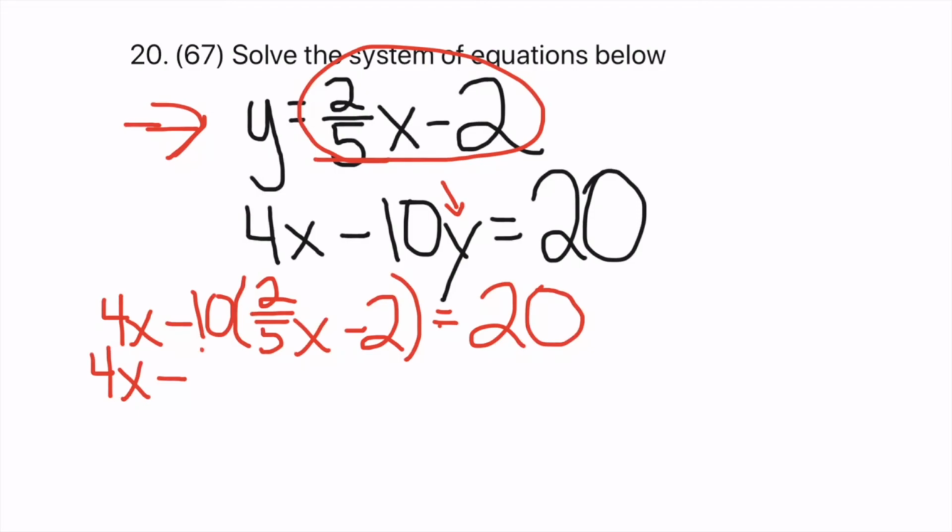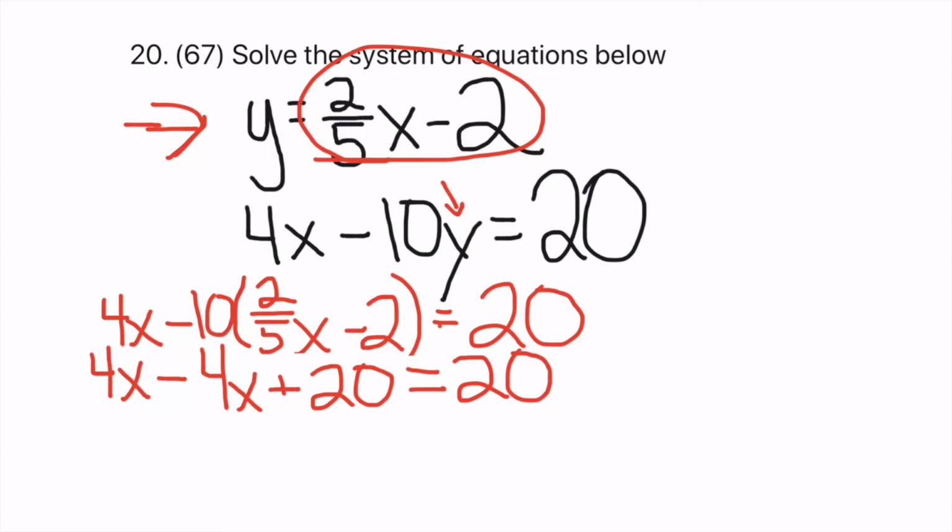That is going to become 4x. And then negative 10 times negative 2 is positive 20 equals 20. So now let's simplify. 4x minus 4x. Well, those are going to cancel, so we're left with 20 equals 20.